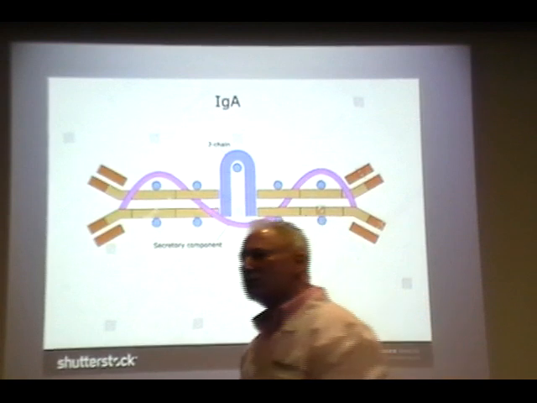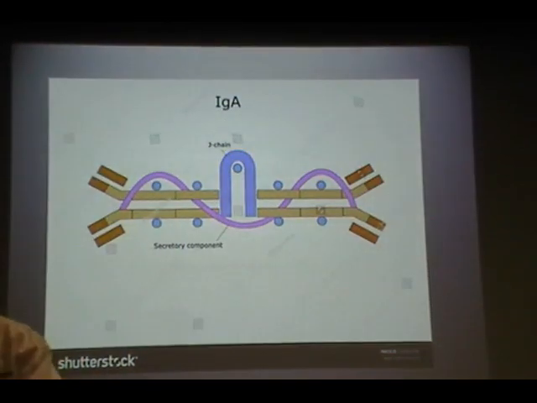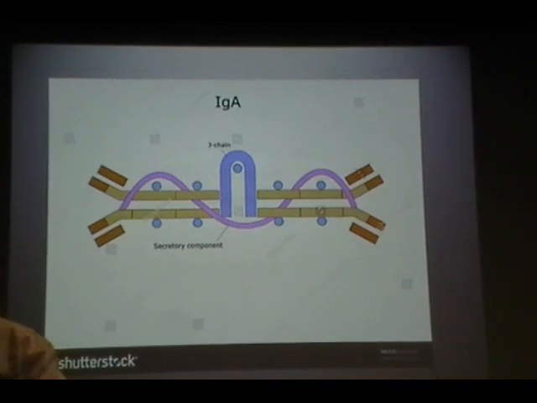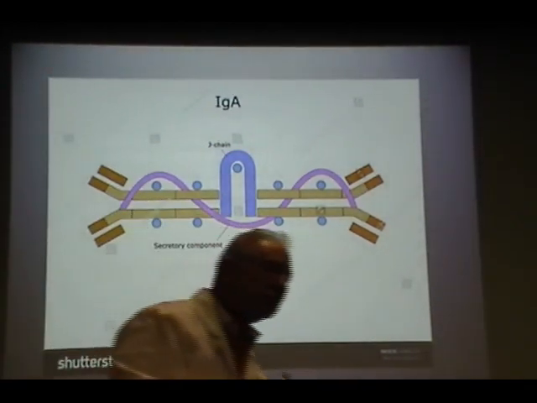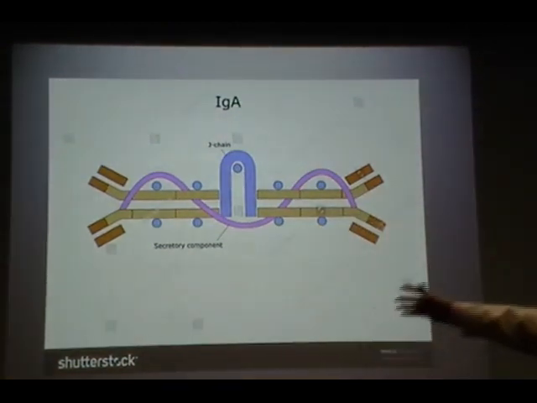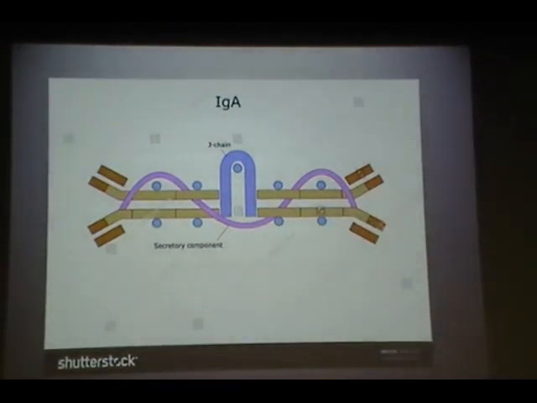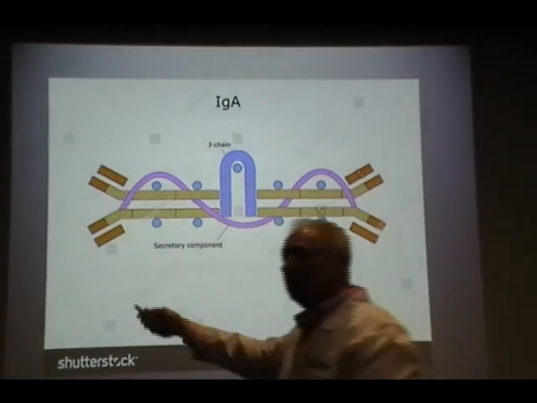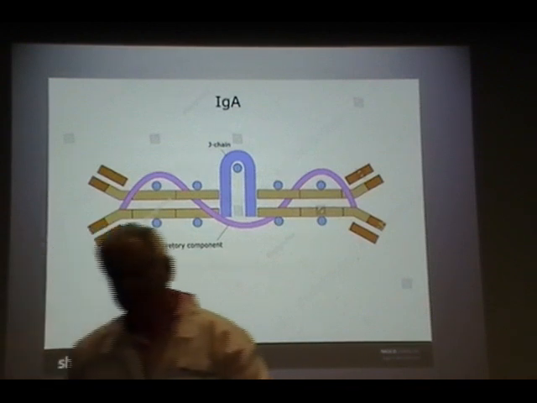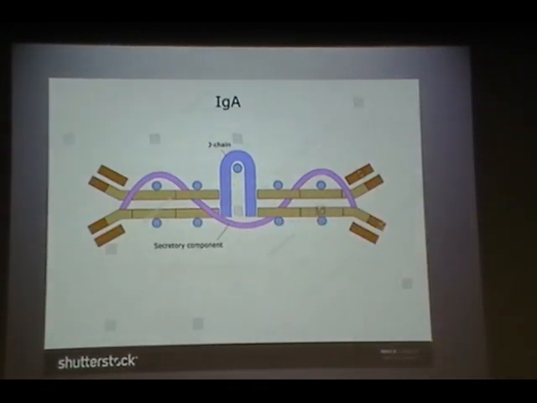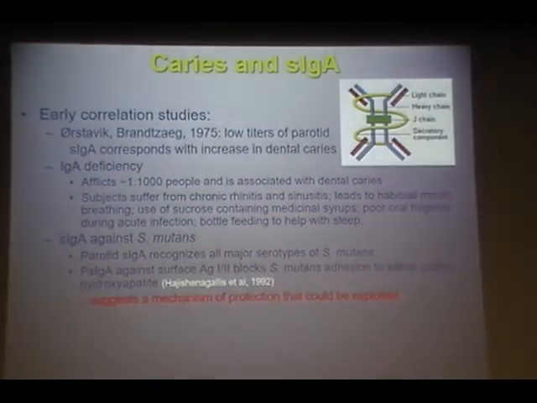That secretory component is real important to promote stability of the molecule and to reduce the ability of other organisms to chop it up. So there are enzymes produced by bacteria in order to combat secretory IgA. All right, so this is the molecule of interest, a dimer with a J chain binding the 2 FC parts and a secretory component that protects it to a great degree from bacterial enzymatic disruption.